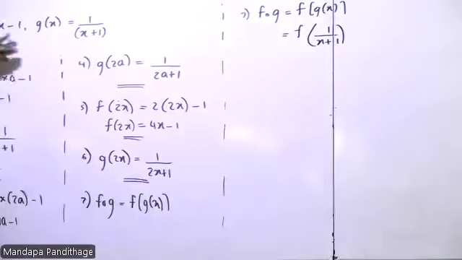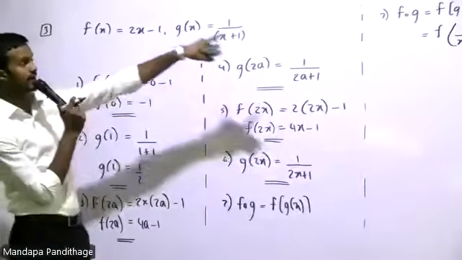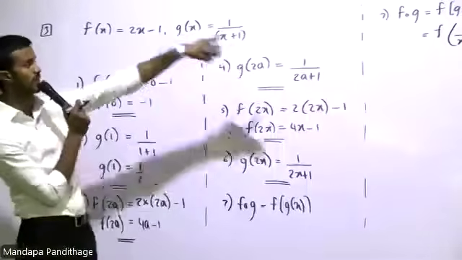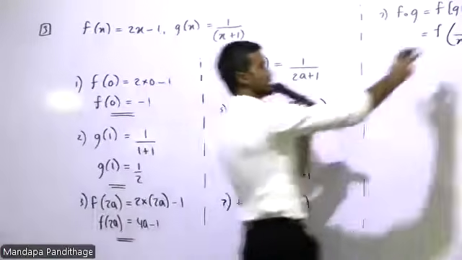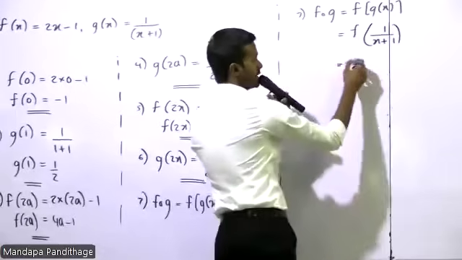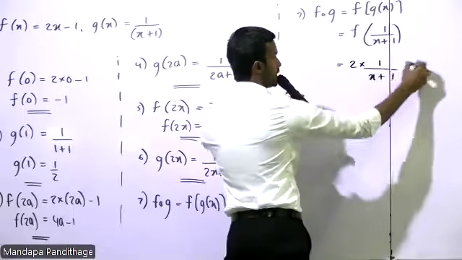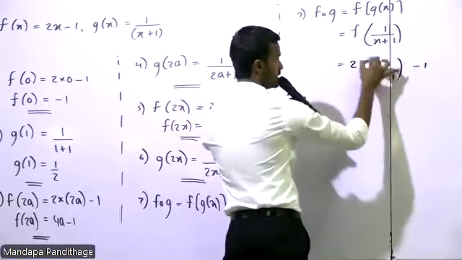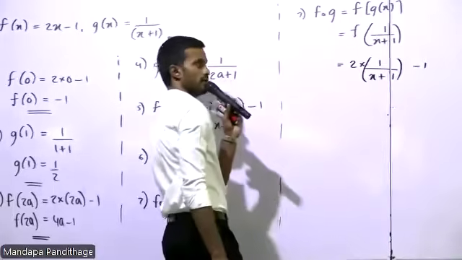So here I told you fx is equal to 2x minus 1. So it is 2 into that one who's inside, minus 1. So when we have this inside f, it's 2 into 1 over x plus 1, minus 1. So whatever we got here should be replaced even here.